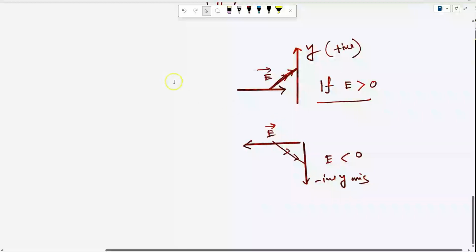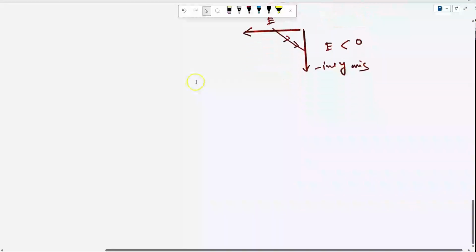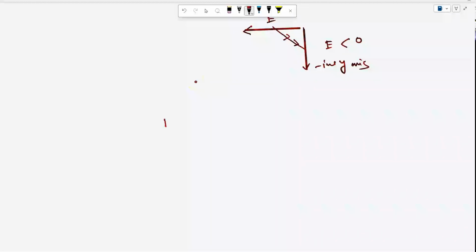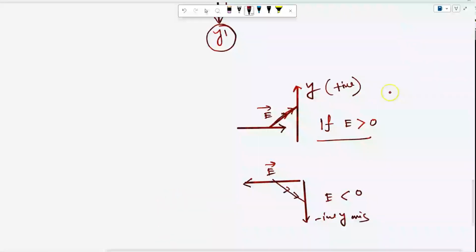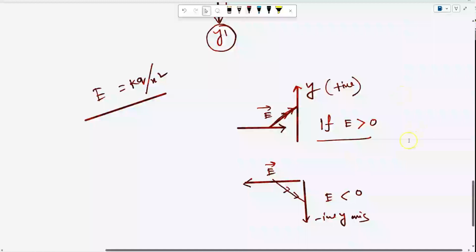Now, suppose there are two charges given in this manner. Like one charge is plus Q, another one plus Q. How to plot the electric field strength? Just let me remind you again that electric field is E equal to kq by x square, whether positive or negative, depending on that it will be directed along positive y-axis or negative y-axis.